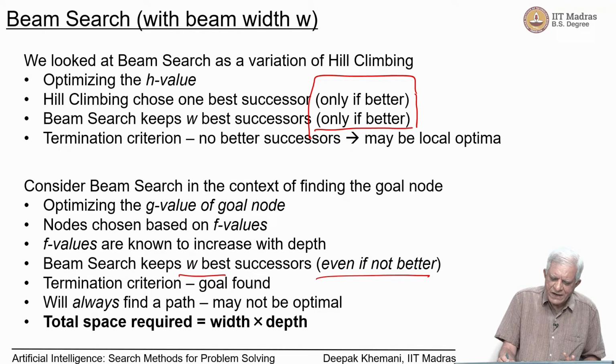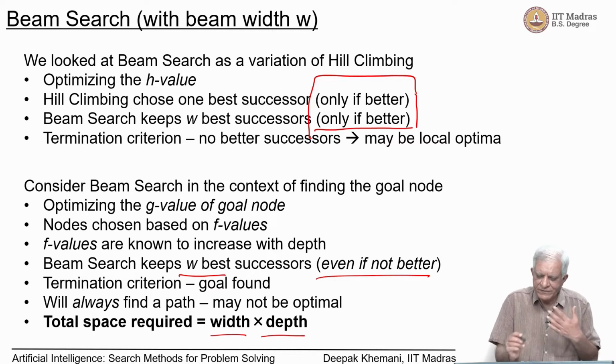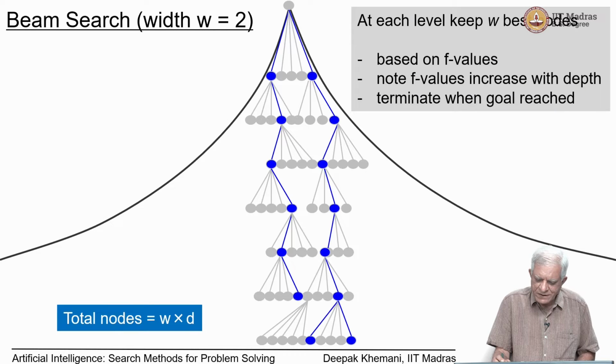The total space required by beam search will be width into depth, because at every level we are storing W nodes and we are going up to some depth D. So, it is a linear space algorithm, but it is not necessarily optimal, and we have already seen a figure of beam search. The same figure applies here.